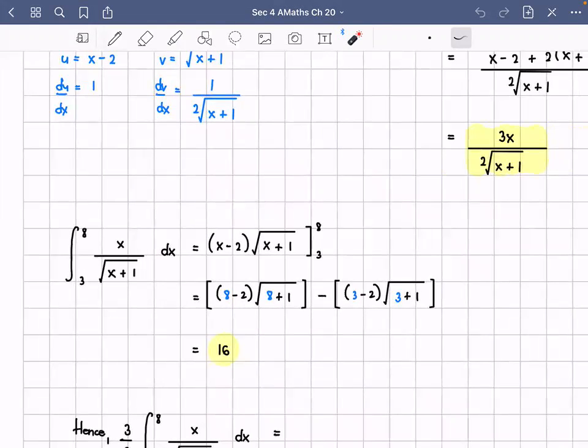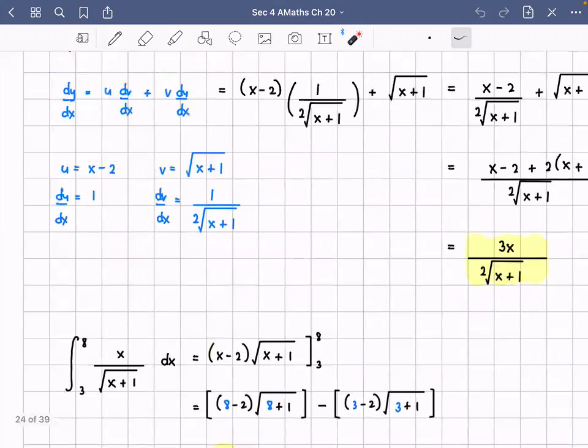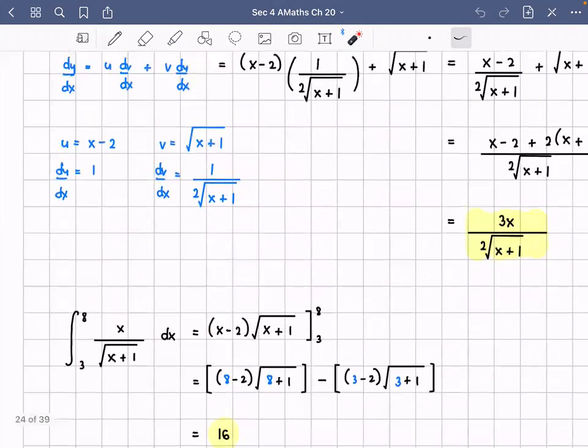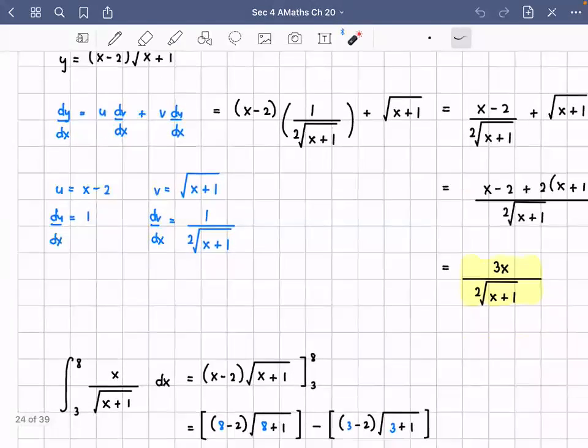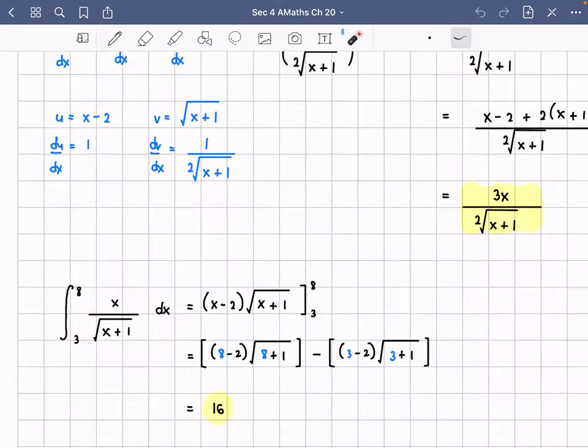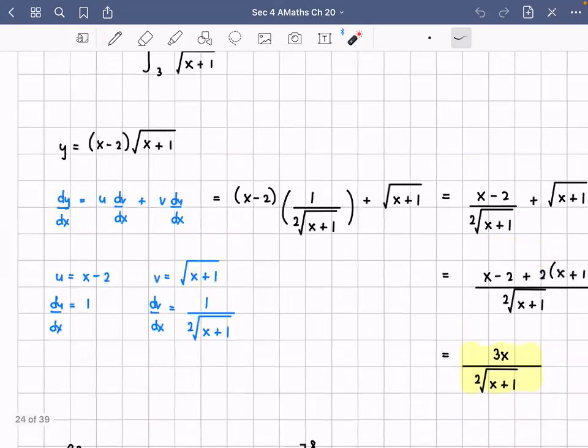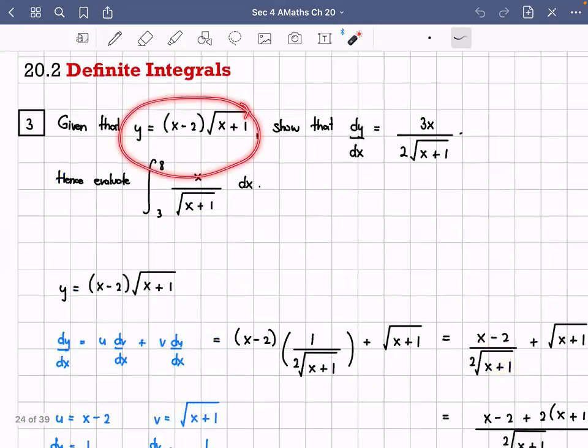So we get the antiderivative of this first, right? So how do we write this? By the way, class, when you write this, it becomes x minus 2 and then root of x plus 1, from here.